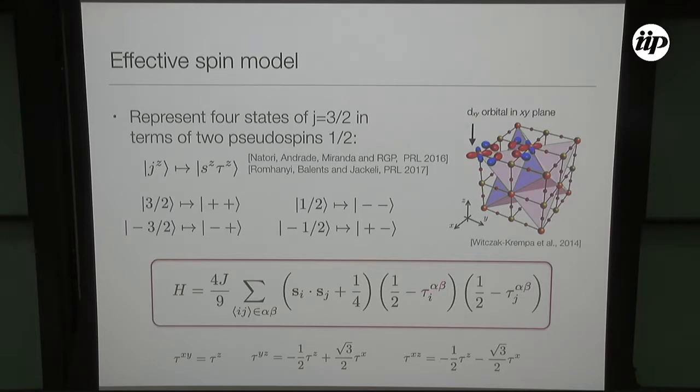And these are tau alpha beta, where alpha and beta are x, y, or z. So these are operators that you choose depending on the plane on which the pair of sites ij are. So say 2 sites on the xy plane, you should choose tau xy, which is tau z, written in terms of this pseudo-spin. And for the other planes, we take other combinations of tau z and tau x, which you can recognize. These are 120 degrees rotations in this tau x, tau z plane.